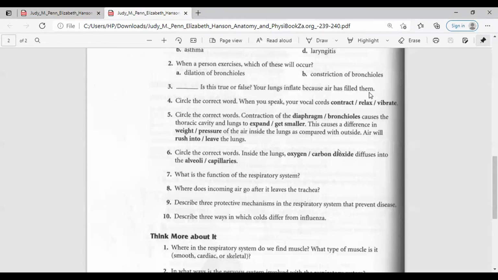Contraction of the diaphragm causes the thoracic cavity and the lungs to expand. This causes a difference in pressure of the air inside the lungs as compared with outside. Air will enter the lungs.